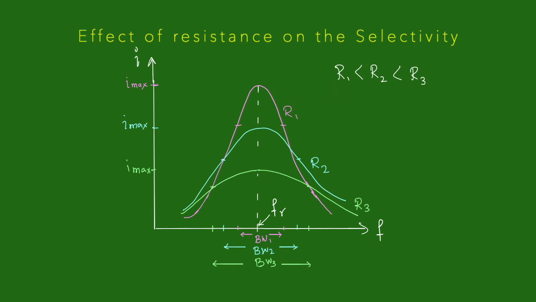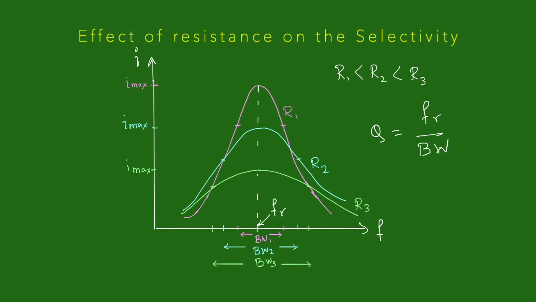circuit. From these three curves, we can see that as the resistance in the circuit goes on increasing, not only has the curve become flatter, but it increases the bandwidth of the circuit. We just now saw that Q factor of the circuit is also written as resonant frequency upon the bandwidth.